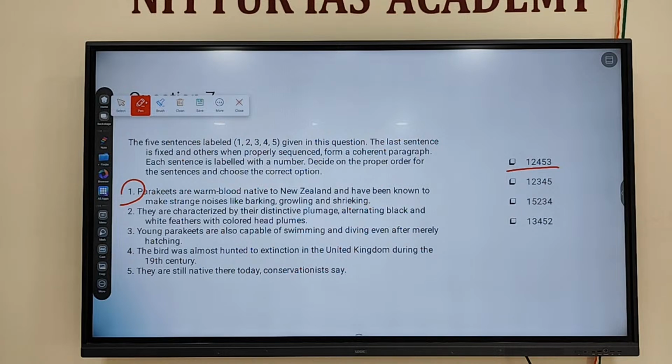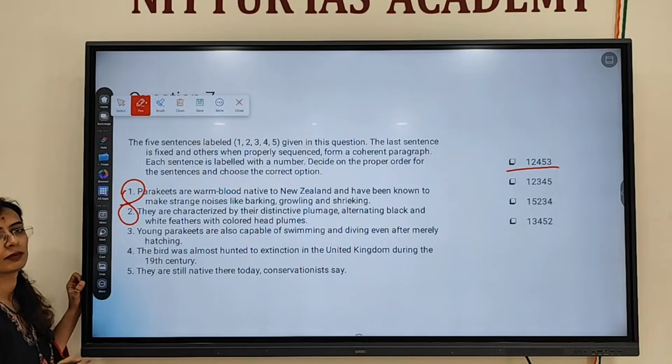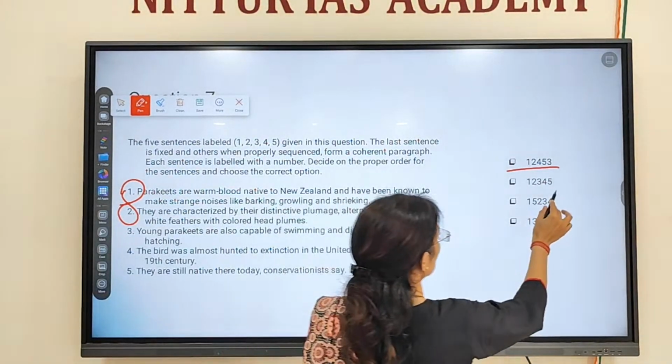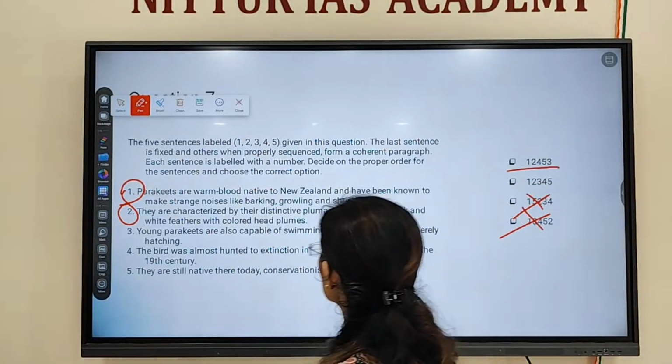So do we agree that the second is in continuation to the first, the second statement fits better? Okay, 1, 2 is confirmed.